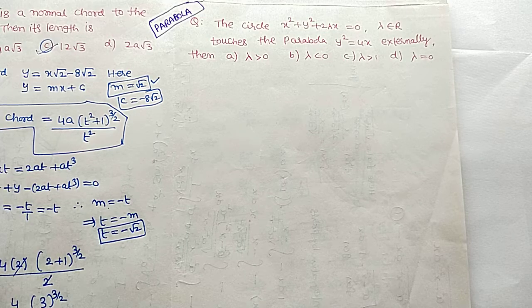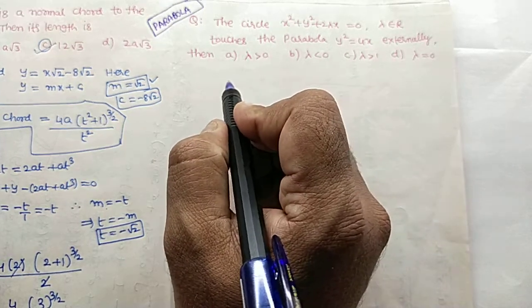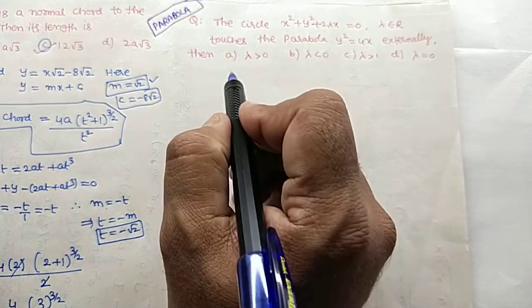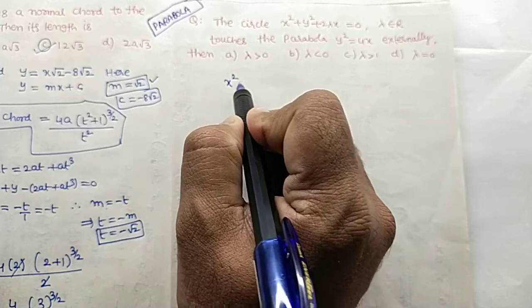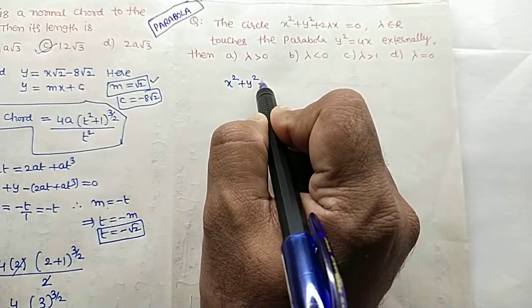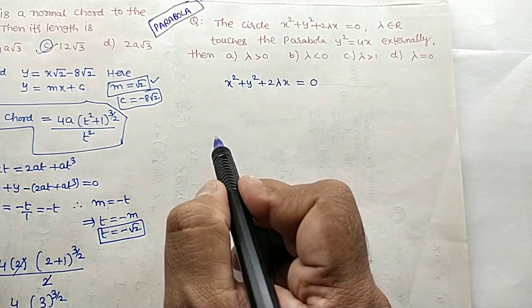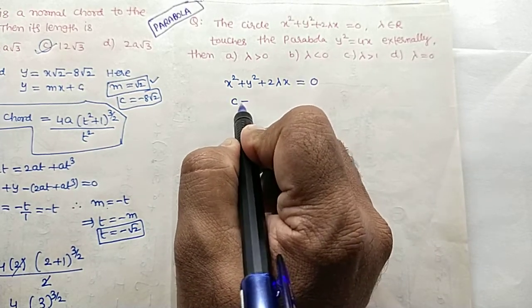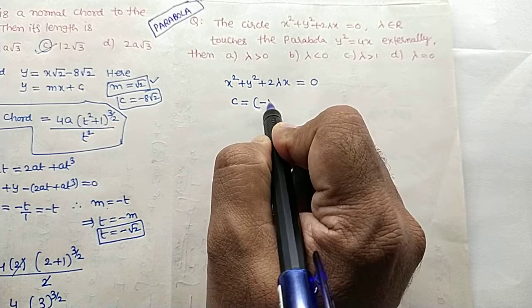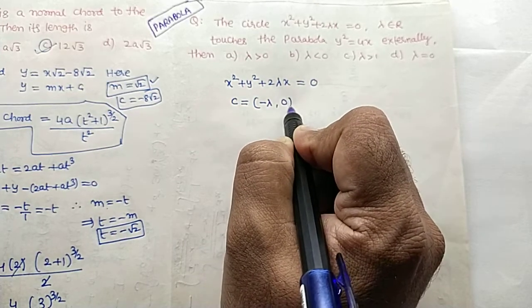See, first you write both the curves, one circle and a parabola. First the given equation of circle, I am writing x square plus y square plus 2 lambda x equal to 0. This is the given circle, whose center equals minus x coefficient by 2 comma y coefficient by 2.